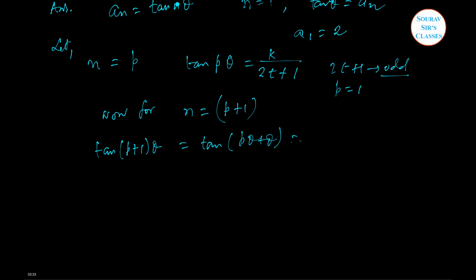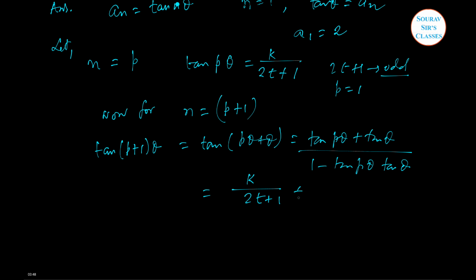Then you know the formula: tan p theta plus tan theta, over 1 minus tan p theta into tan theta. So in this structure all we have to do is put in the values, that is k by 2t plus 1 plus 2, and 1 minus 2 into k by 2t plus 1.